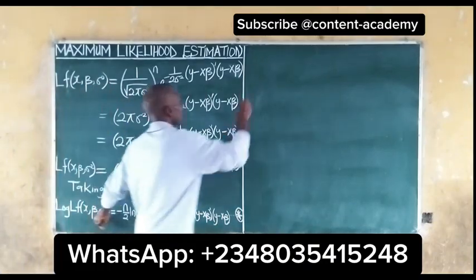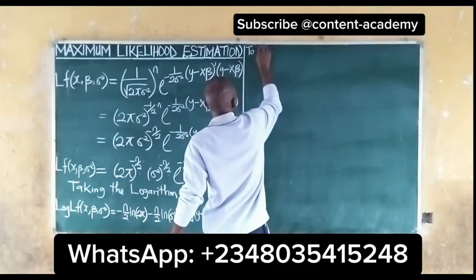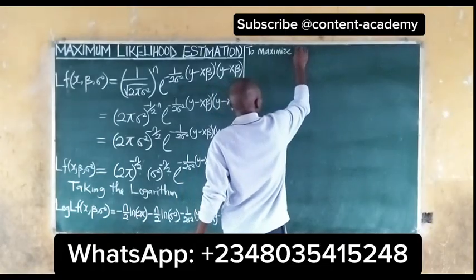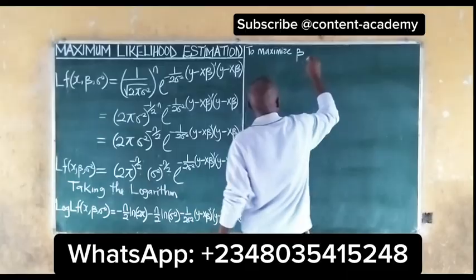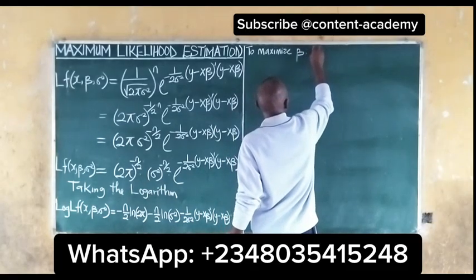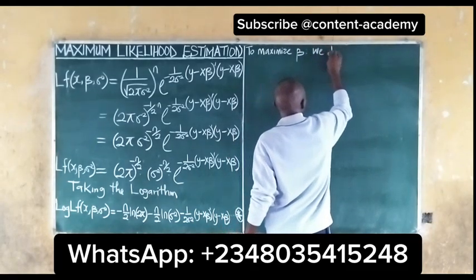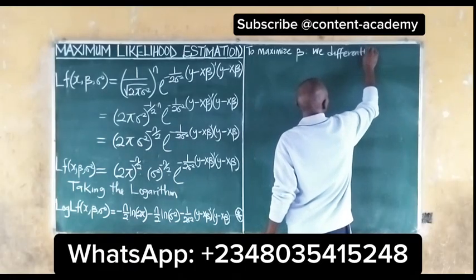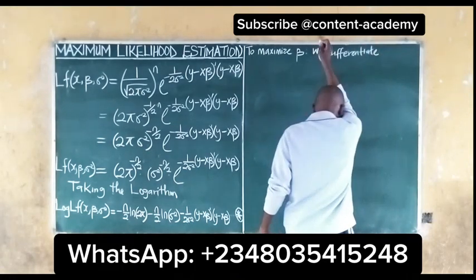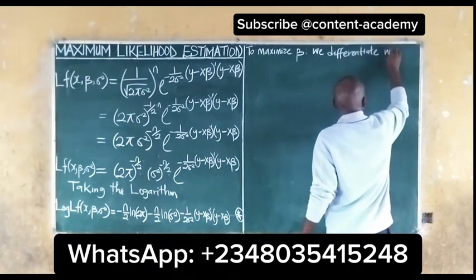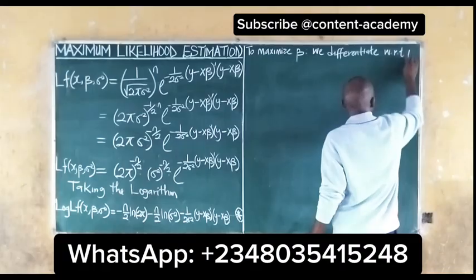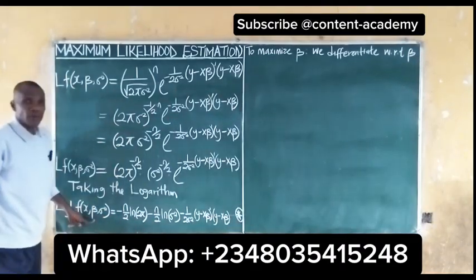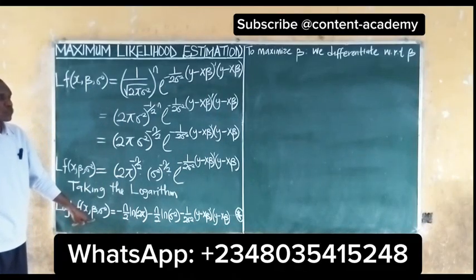So, to maximize beta, to obtain beta, we differentiate with respect to beta.